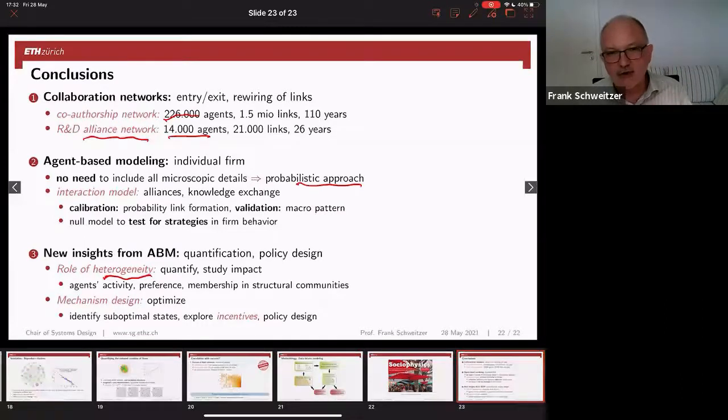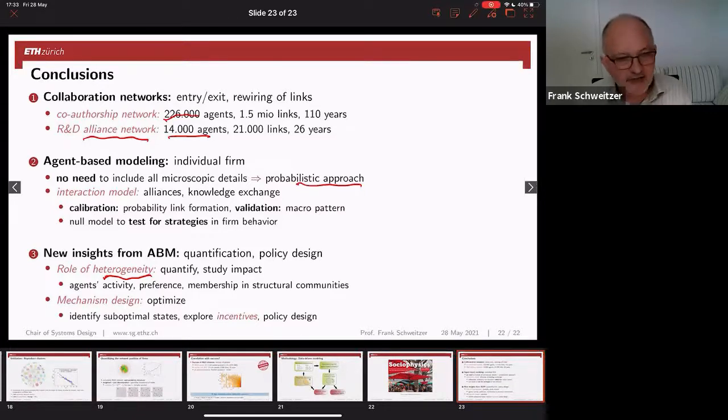Heterogeneity means how different we are. And we found out that firms in their behavior are very different. Some have many partners, others have few partners, some are engaged in large collaborations, others in small collaborations. So there's a huge variety in firm behavior.